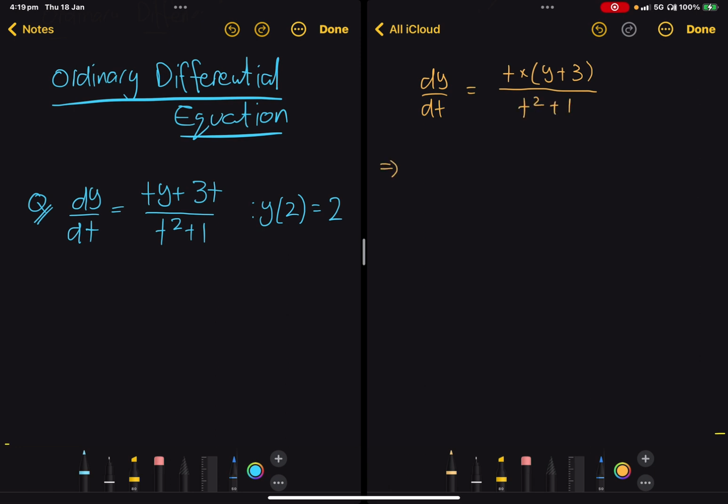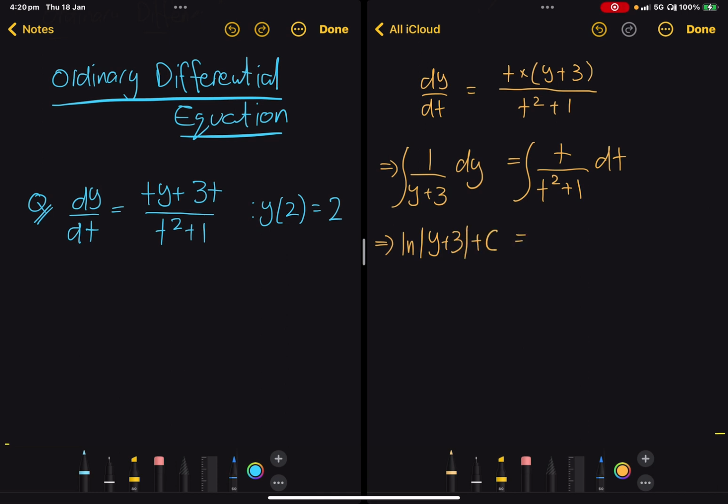So this gives us 1 on (y plus 3) dy, divide both sides by y plus 3, is equal to t on (t squared plus 1) dt. Now integrate both of these. 1 on (y plus 3), this will be the natural log of y plus 3. So this becomes natural log of the absolute value of y plus 3 plus a constant, which we'll call c.